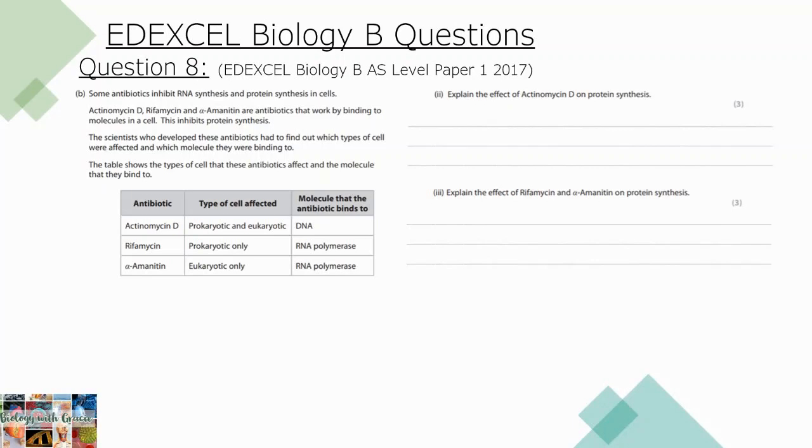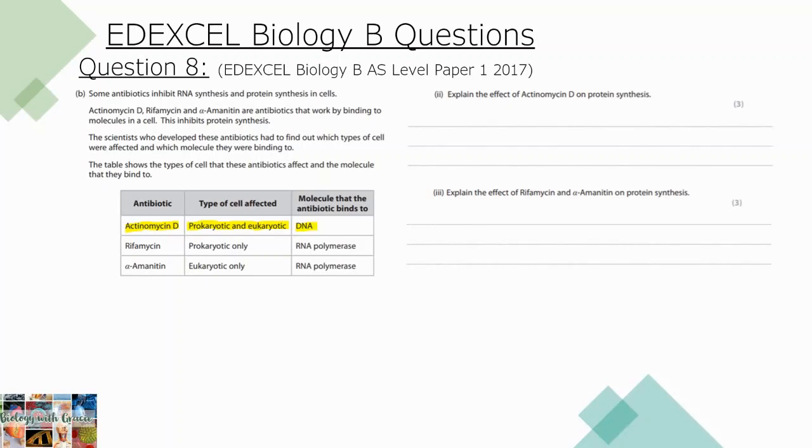The table shows the types of cells that these antibiotics affect and the molecule that they bind to. So our first question is to explain the effect of actinomycin D on protein synthesis. So if we have a look at the table, we can see actinomycin D here, and it affects both prokaryotic and eukaryotic cells, and it binds to DNA.